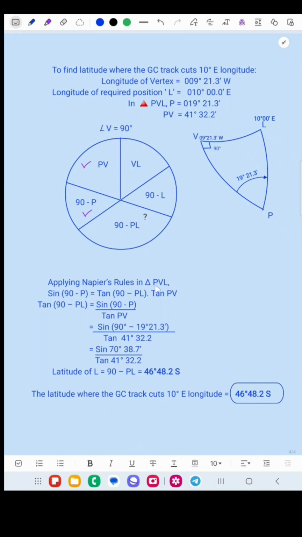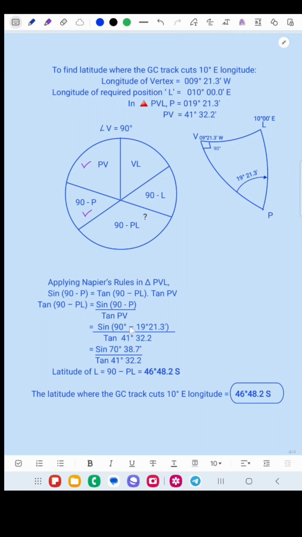So applying Napier's rule in triangle PVL: sine of 90 minus P is equal to tan of 90 minus PL into tan of PV. Tan of 90 minus PL taken on the left hand side, and the remaining is sine of 90 minus P divided by tan of PV.